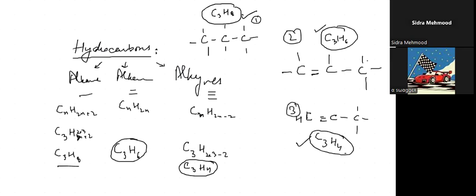Yep. So within classes, like alkenes, alkanes, alkynes, we have other classes as well, like benzene. Benzene is also a compound of carbon and hydrogen. They are arranged in the form of a hexagon ring.